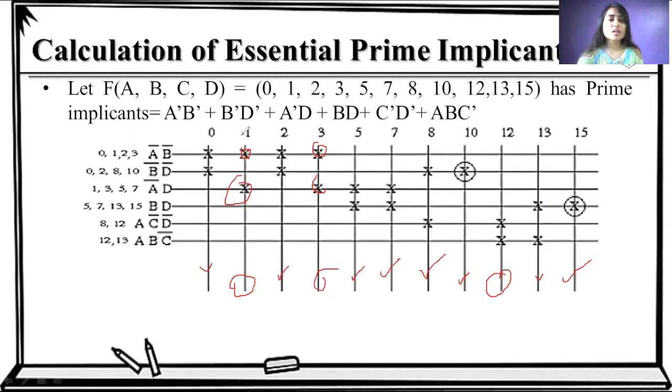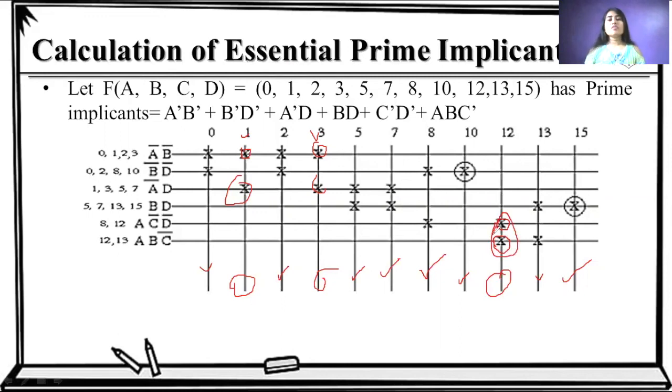So we can cover 1 and 3 by using A'B' or A'D. And for the other remaining term 12, we can use either AC'D' or ABC'. By using either of these terms, we have a simplified solution.